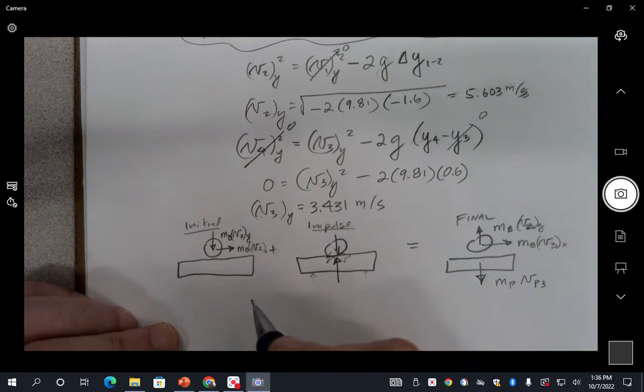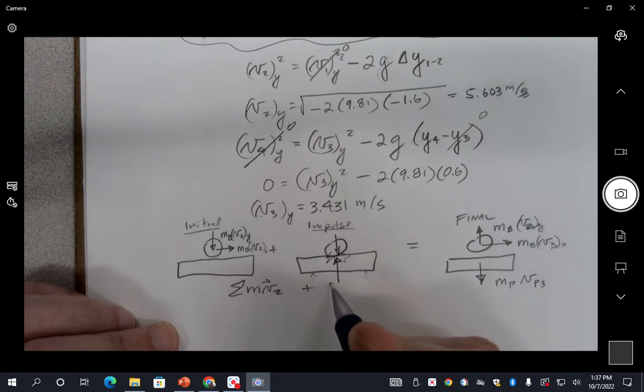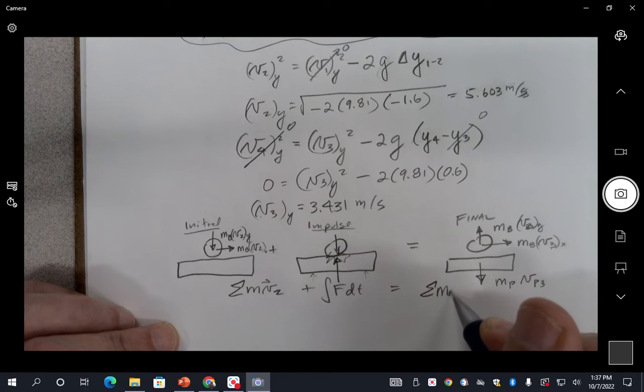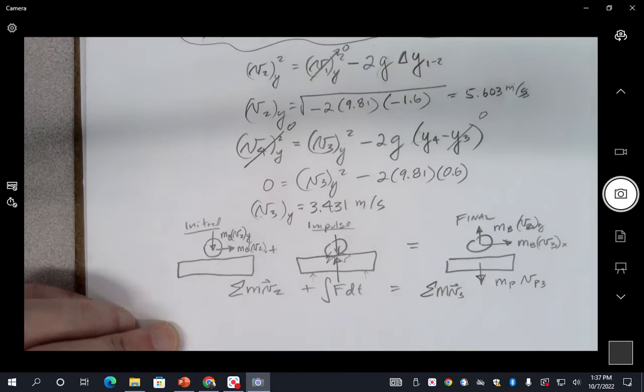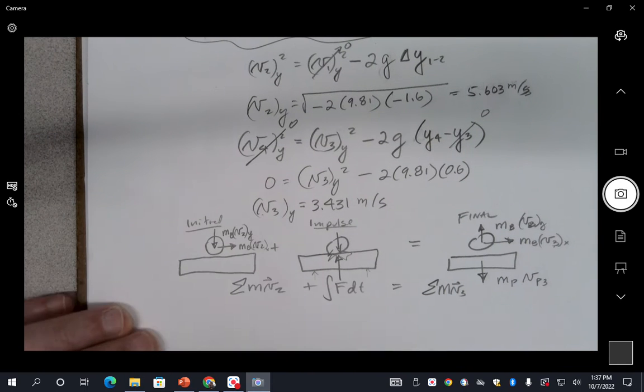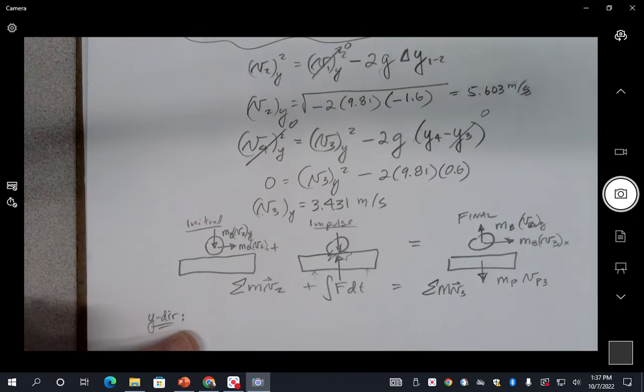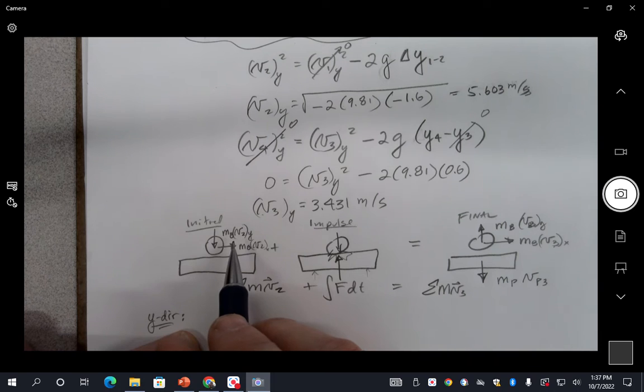So if we do our impulse and momentum, I should really write out what the equation is that I'm going to use. That's the big equation. So here is the specifics, and I'm going to abandon the symbols here and just go with what's actually taking place.